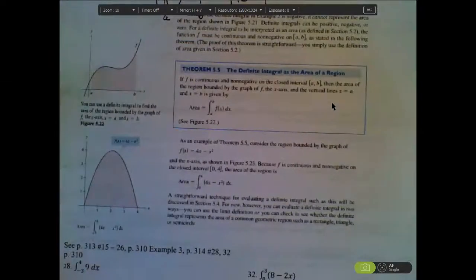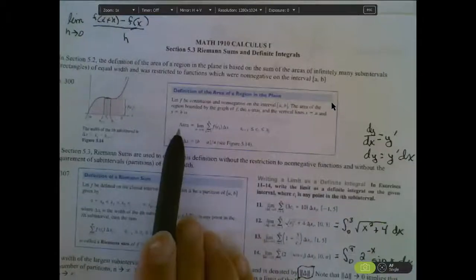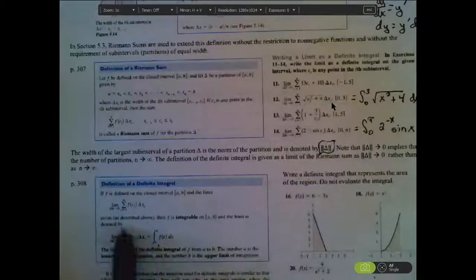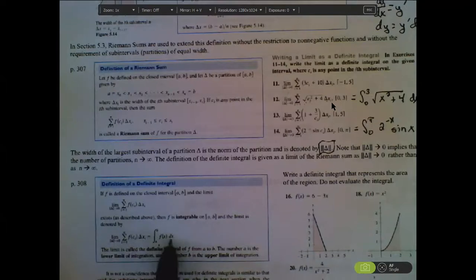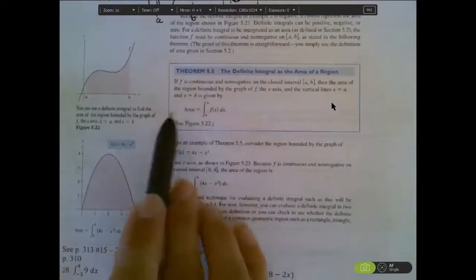It's like saying if A equals B and B equals C, then A equals C. We're saying if the area is this Riemann sum, and that Riemann sum is this definite integral, then that definite integral is area.